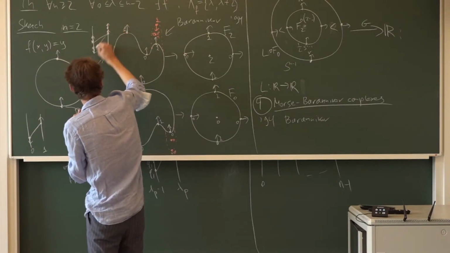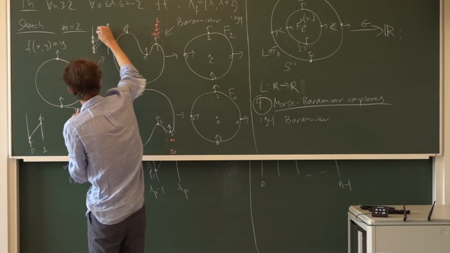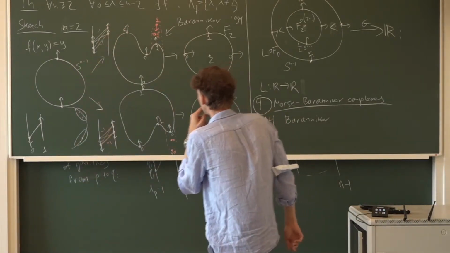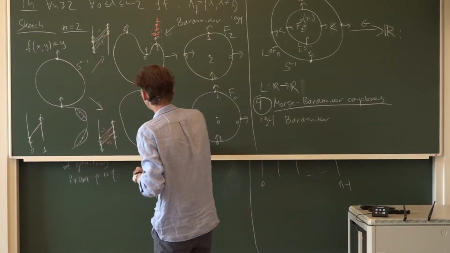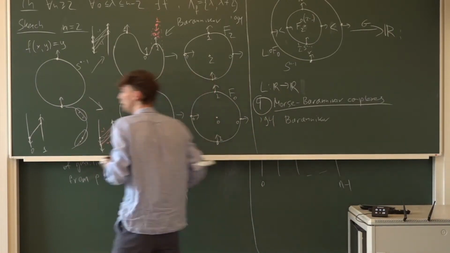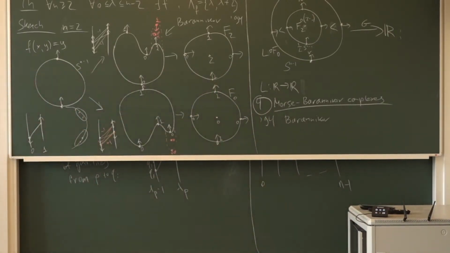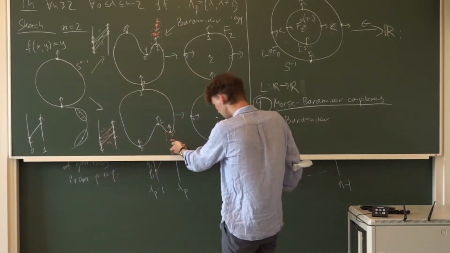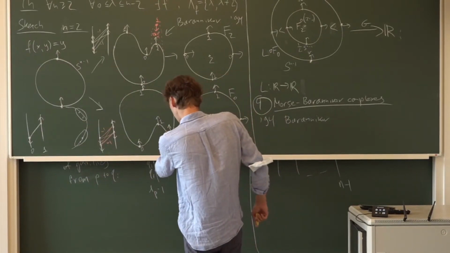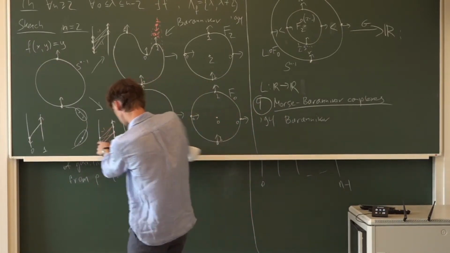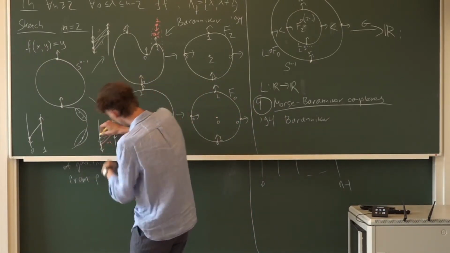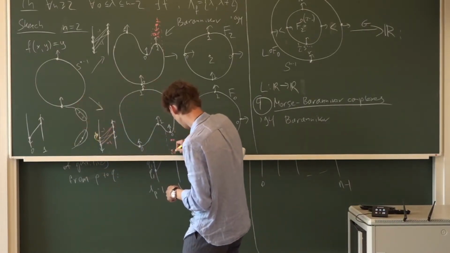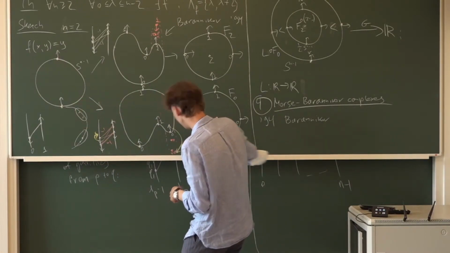And again, you have all the 4 gradient lines. After changing it, what happens is that you change the direction of one arrow, and here you change the direction of this arrow from down to up, here from down to up.